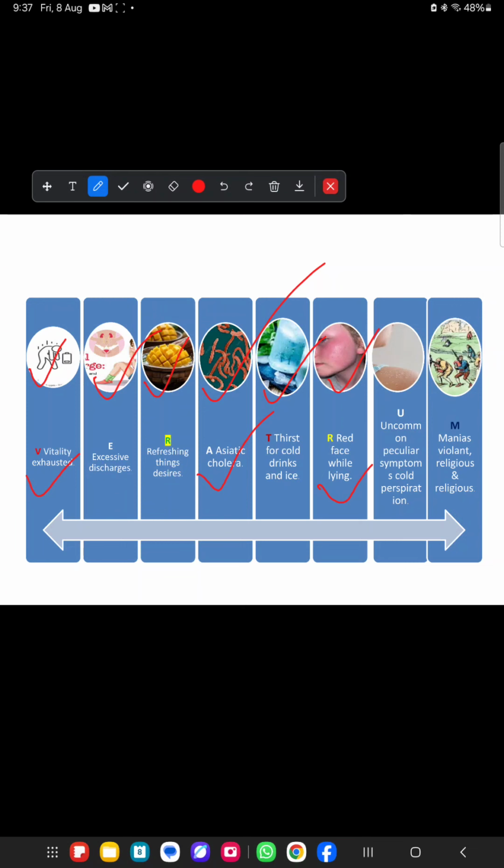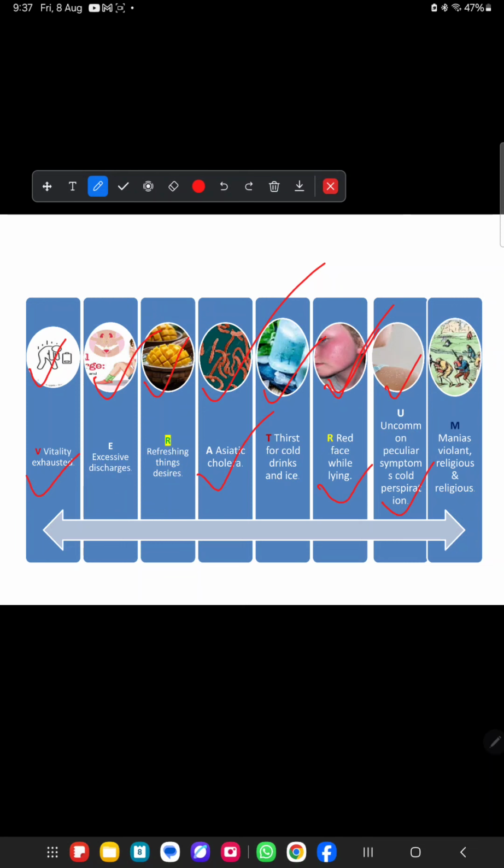That's why when the patient is lying down, there will be pallor, and sometimes you will find a blue color of the skin. U for uncommon peculiar symptom, that is cold perspiration. You can see sweating on the shoulder. And M for mania, religious mania.